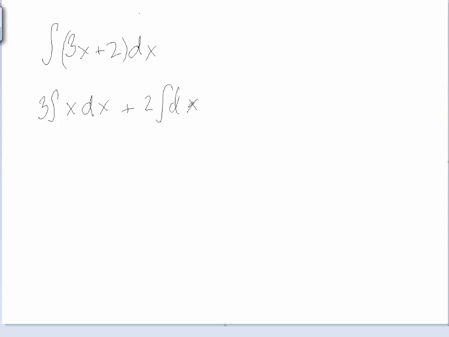Try another one. So we want to take the antiderivative of 3x plus 2 dx. So finding that antiderivative, using our rules, we know we can break these up.